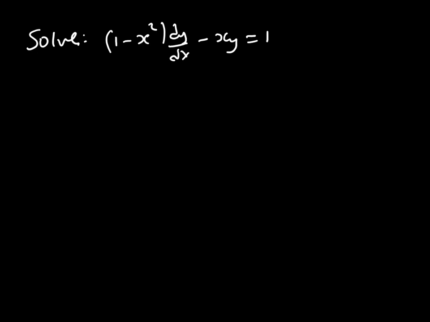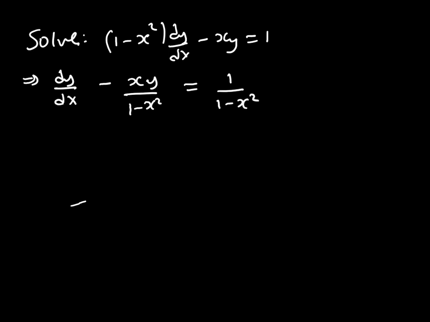Okay, so as usual, we shall begin by arranging it into the form where we can pick p and then get the integrating factor. So this means that our dy by dx minus xy over 1 minus x squared is equal to 1 over 1 minus x squared.